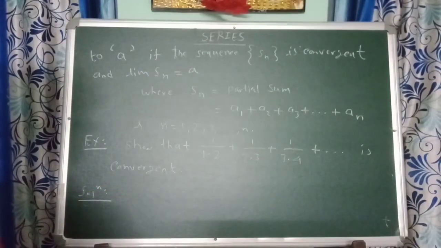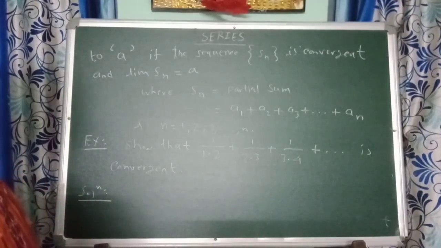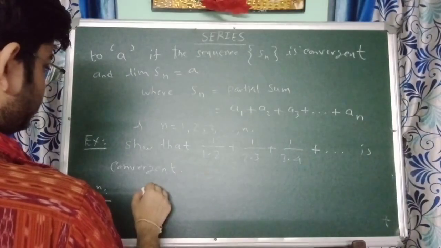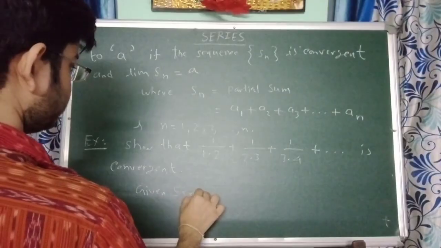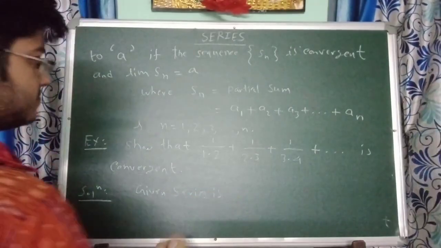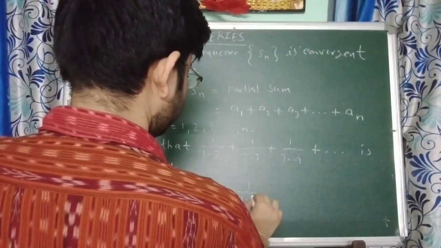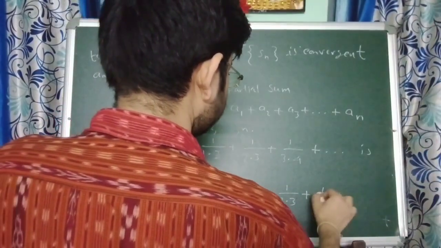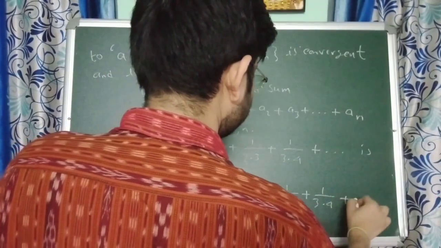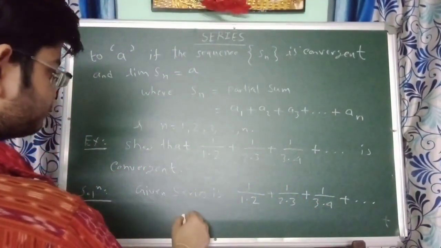Solution: here the given series is 1 by 1 into 2 plus 1 by 2 into 3 plus 1 by 3 into 4 and so on.